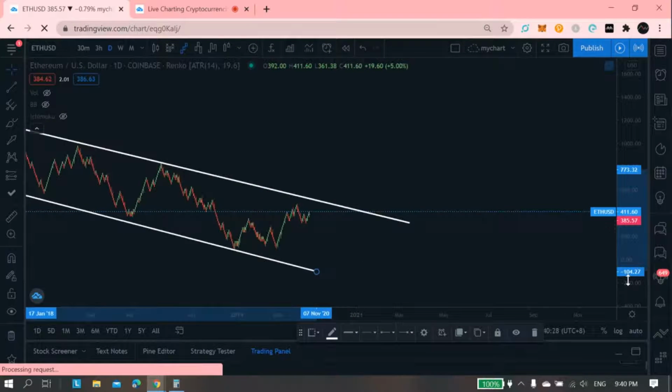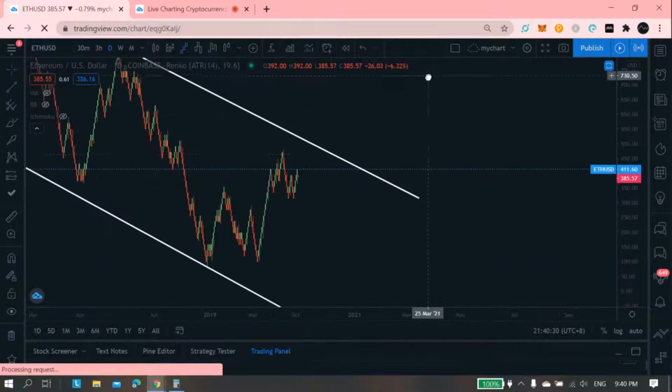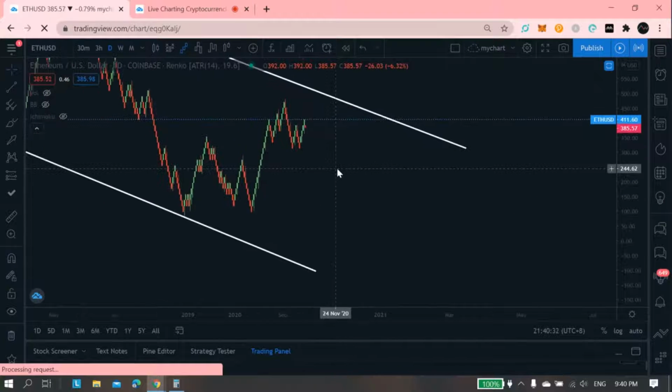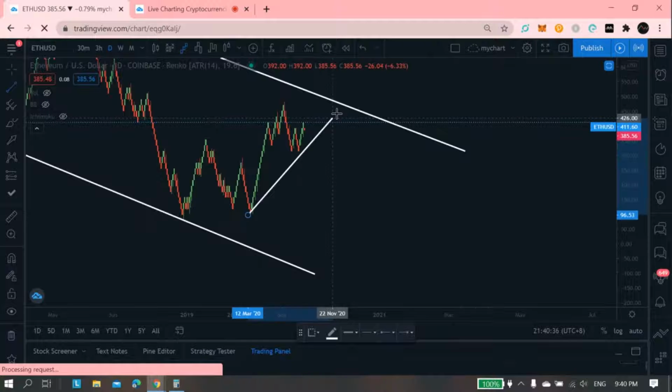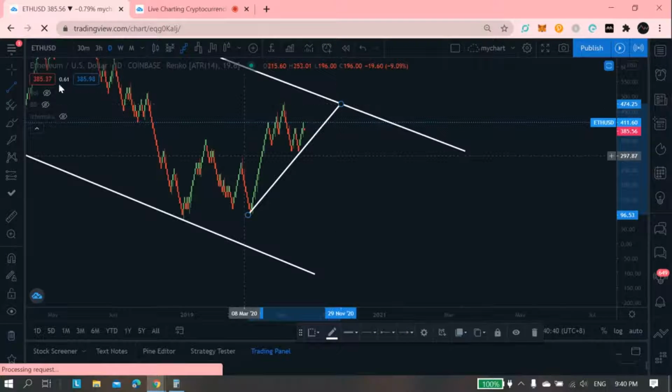Long-term downtrend and currently trading higher within this uptrend channel within the long-term downtrend.